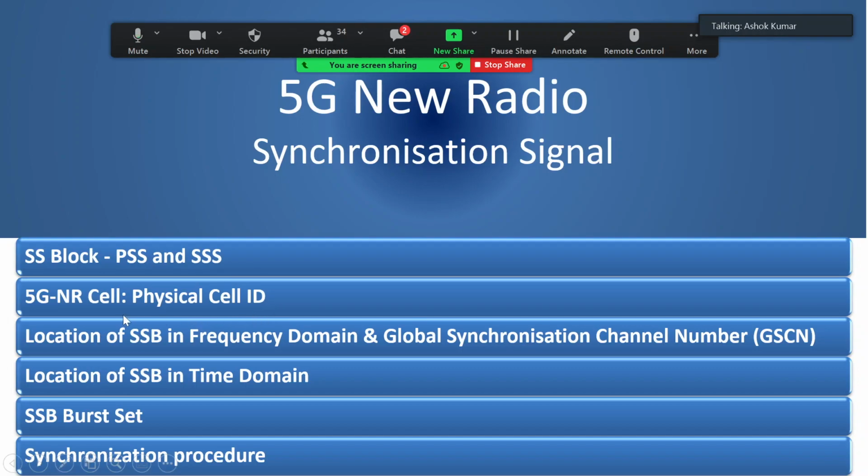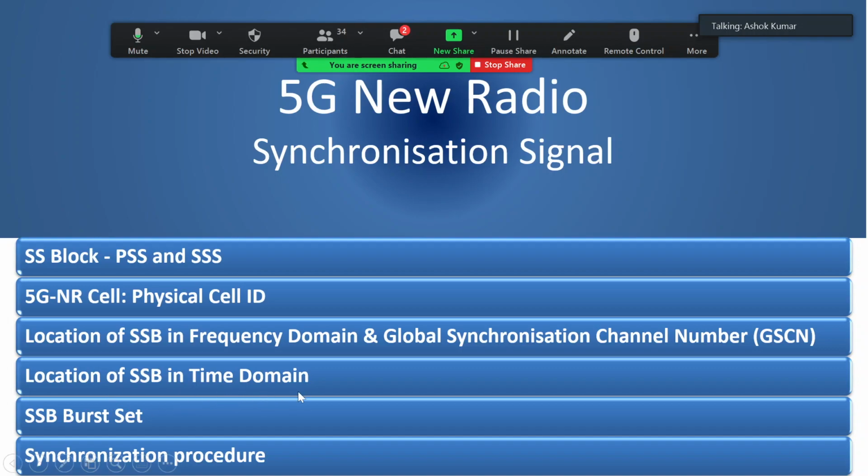Then we'll look at the 5G new radio physical cell ID, how PCI is calculated using PSS and SSS. And then we'll look at this synchronization signal, we call it SSB, synchronization signal block, how we can locate it in frequency domain and also in time domain.